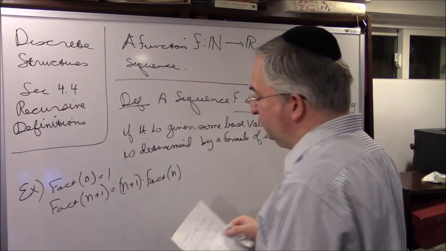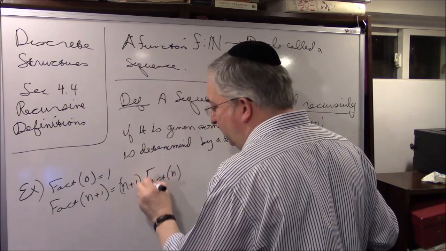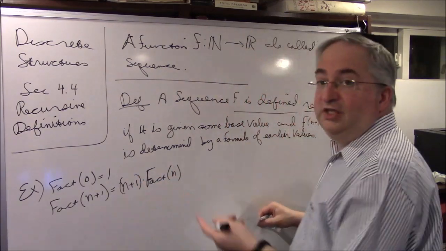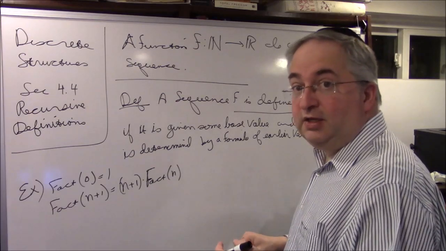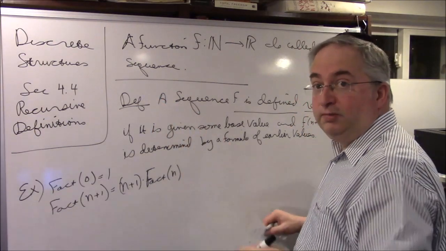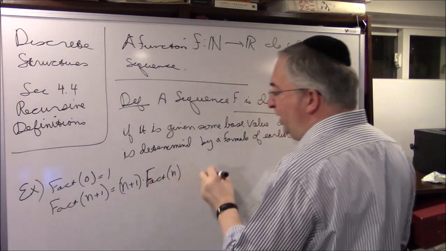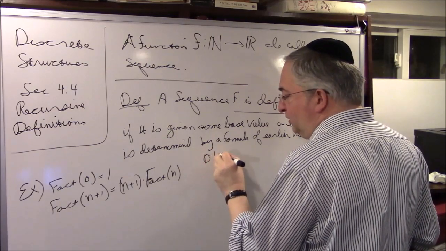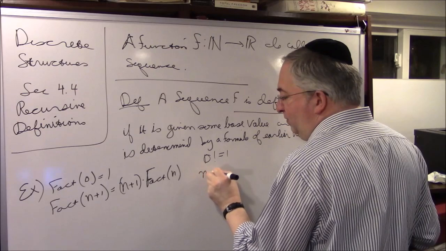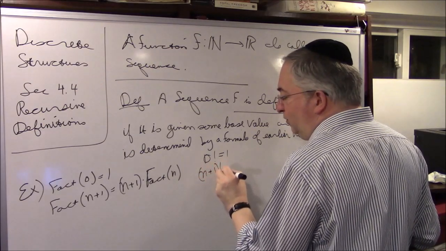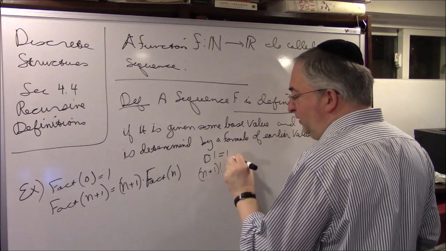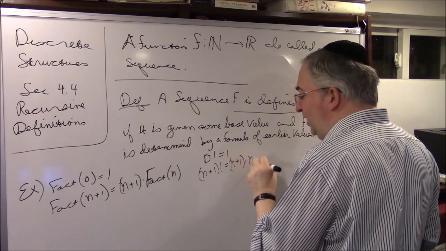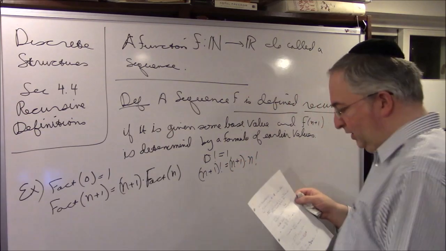Okay, sorry, let's make that a capital letter. We just did this last section when we talked about recursive functions. Let me just write it another way. 0 factorial is equal to 1, and n plus 1 factorial is equal to n plus 1 times n factorial. We saw that last time.